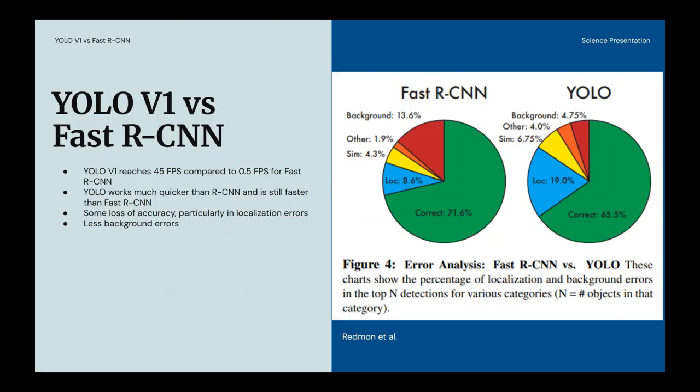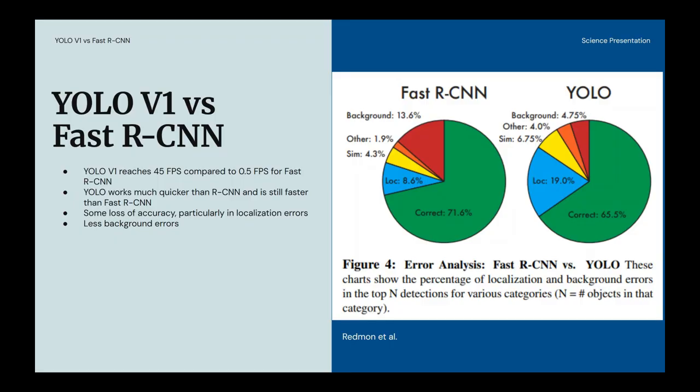When it comes to accuracy, it still performs very well. If you look on the figure on the right, which also comes from Redmond et al., you can see the results of a comparison they did between YOLO V1 and Fast RCNN. Each pie chart shows the percentage of correct or not correct detections that the models made, as well as the type of the incorrect detection.